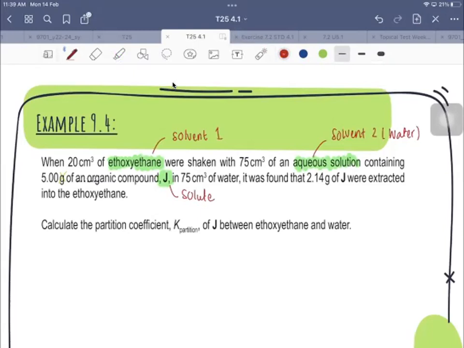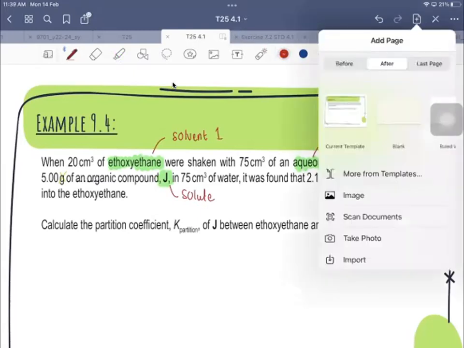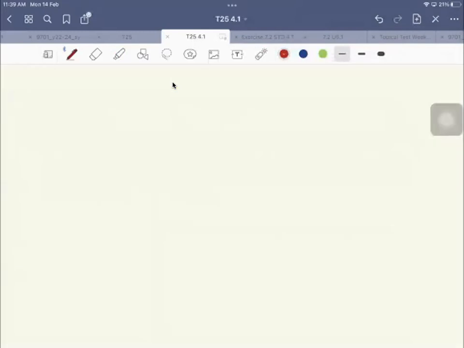So I will start with, again, another diagram. Initially, at the start of the reaction, I start with a separating funnel again. Okay, 20 centimeter cube of ethoxyethane and aqueous. So I'm going to put my aqueous layer to be at the bottom.